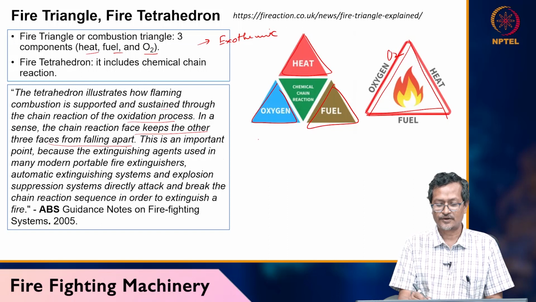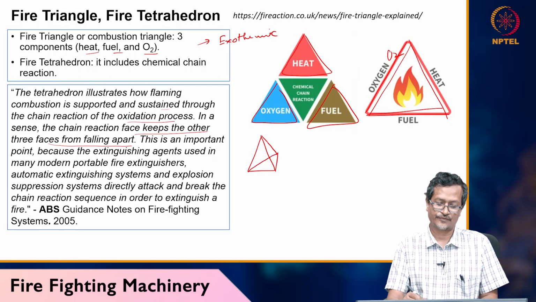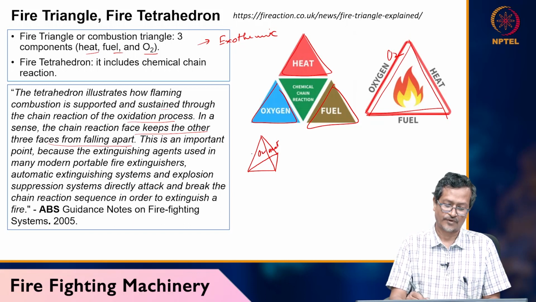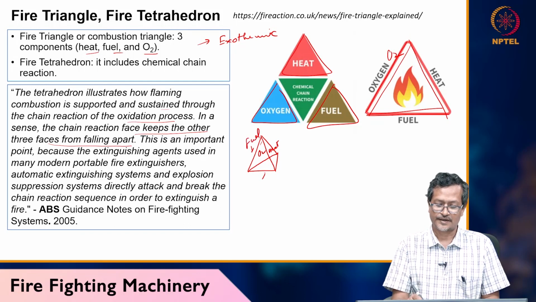So the fire tetrahedron picture will be like this. You get four phases. One phase is oxygen, another phase is heat, and at the back side of oxygen, this is the front side, is fuel, and let's say the bottom side you can make the chemical chain reaction.